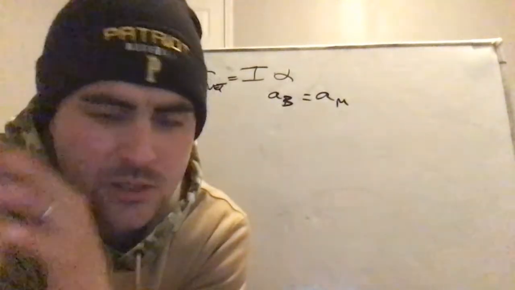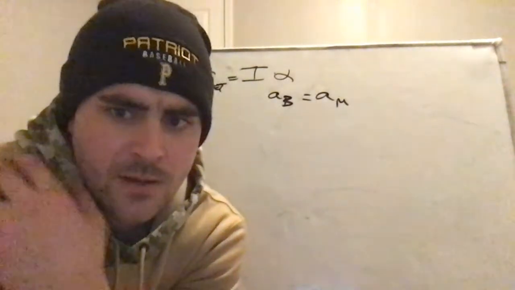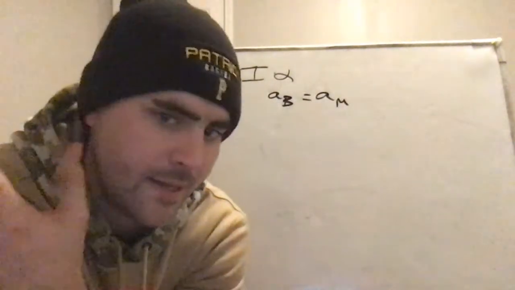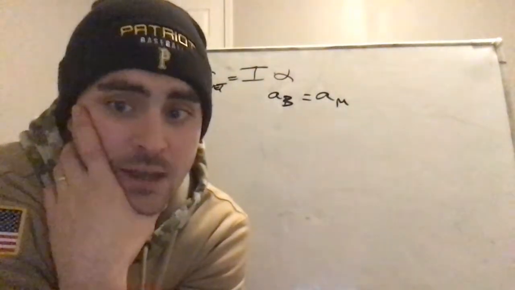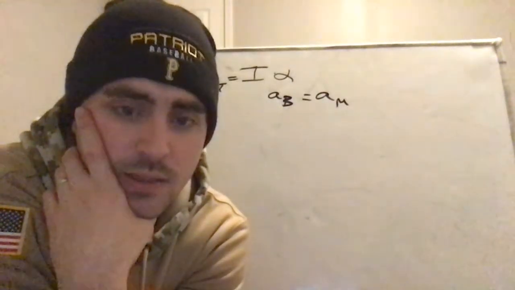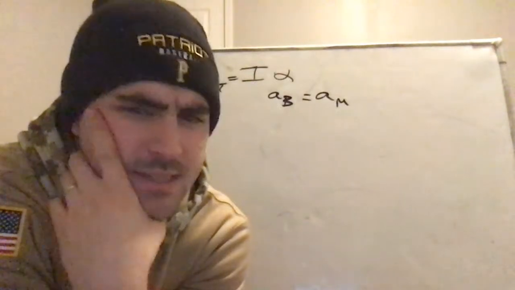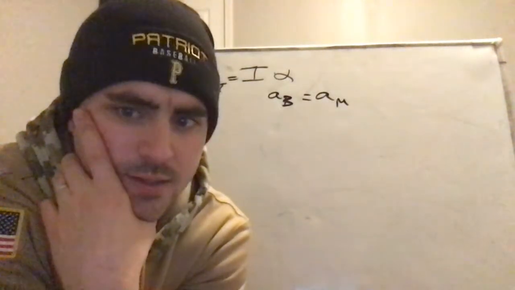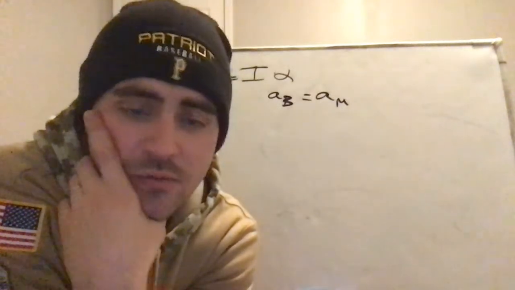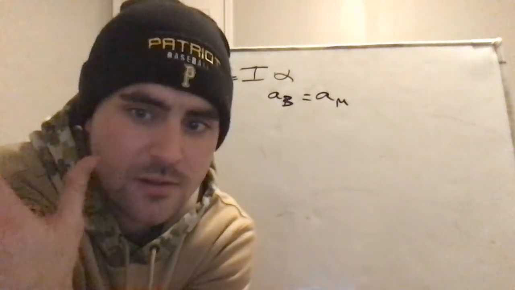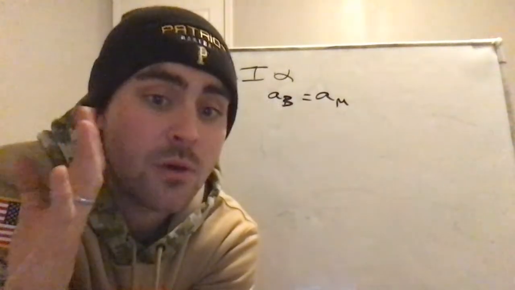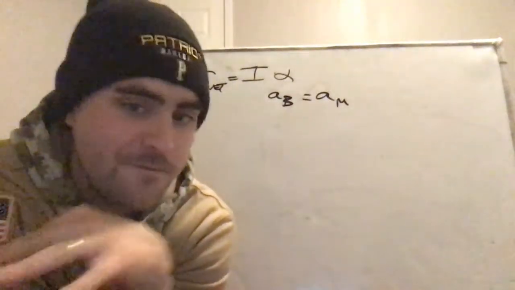If we're talking about an object that has both linear acceleration and rotational acceleration, a force acting at the axis of rotation will not cause a torque. That is true. But it's still doing all things force related. So if I'm going to write an F net expression, yeah, it needs to be there. It's still a force, it's just not causing a torque. Forces don't go away because they're at the axis of rotation. They simply don't cause a torque, but they are still there doing all forcey things.